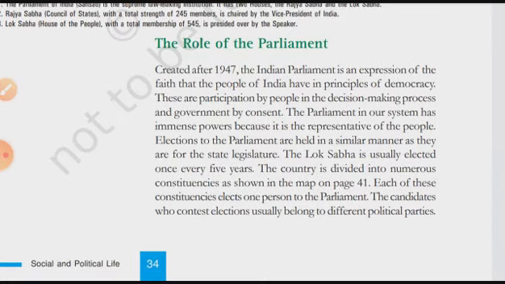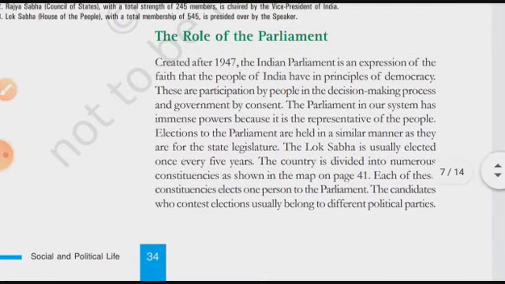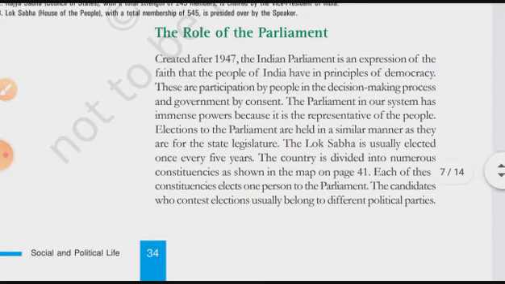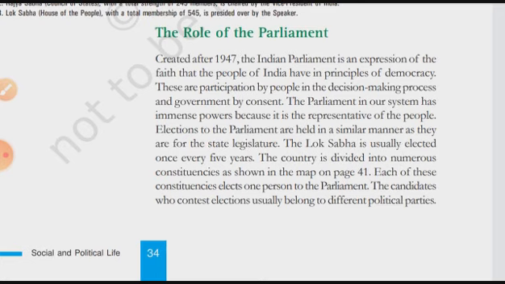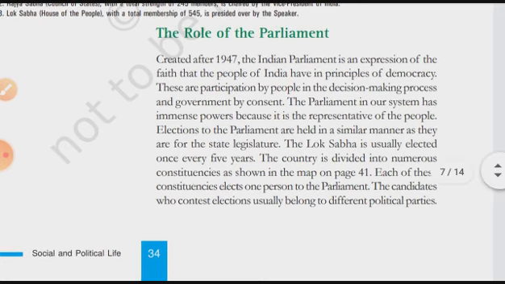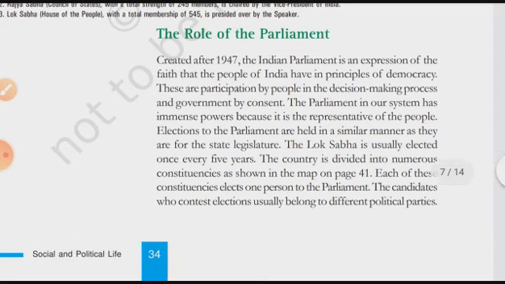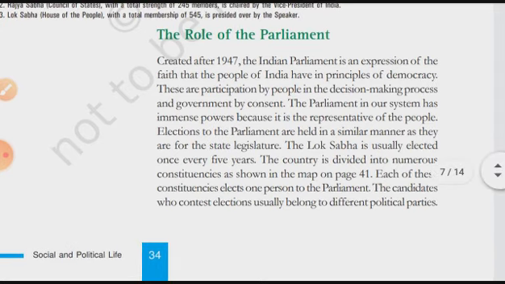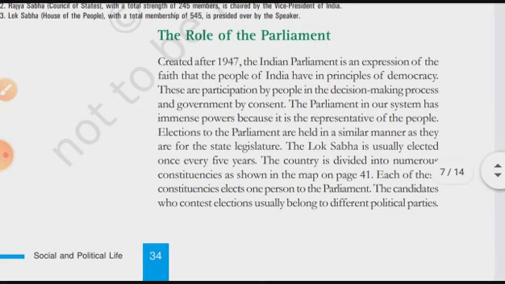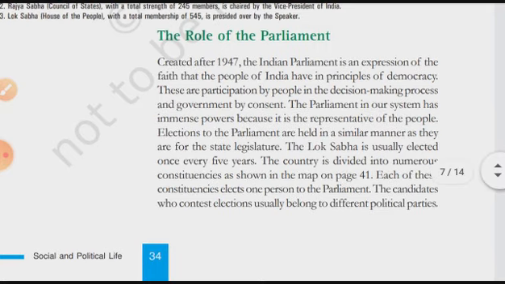These are participation by people in the decision-making process and government by consent. The representatives in the parliament are elected by the people, as we have already discussed, and they participate in the decision-making process and government by consent.